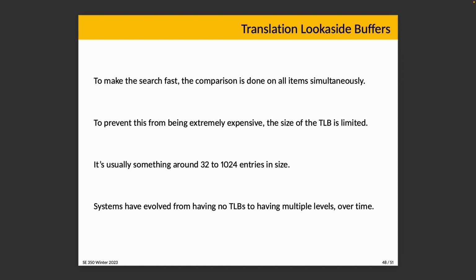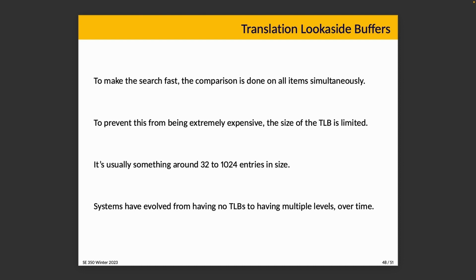So it's usually something like 32 to 1024 entries in size, or at least it was at the time when I wrote this. It may have grown now to be a little bit bigger or a lot bigger, depending. But each of those things is expensive, so we are trading cost for time in this regard.